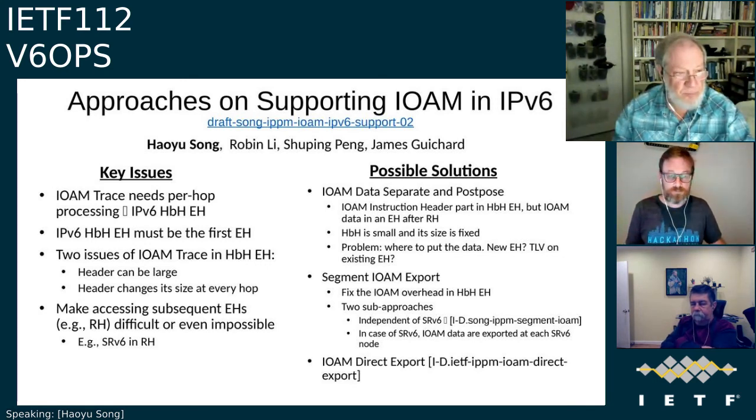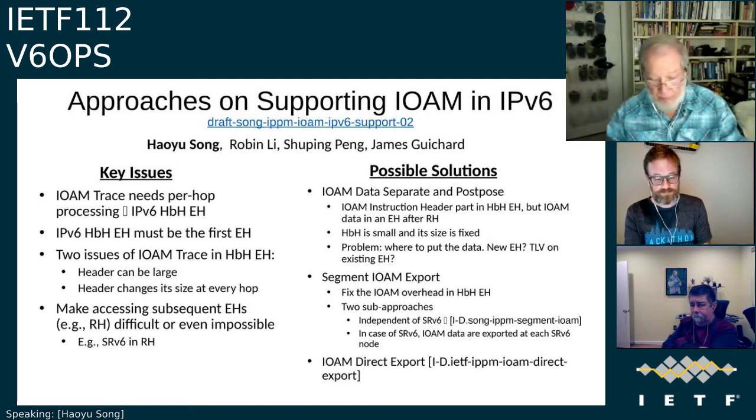And there are two issues about IOAM trace. One is that the overhead can be very large because it includes both an instruction header and the trace data collected at each hop. Also, due to the data collection, the header size might change at each hop, making the header variable length.